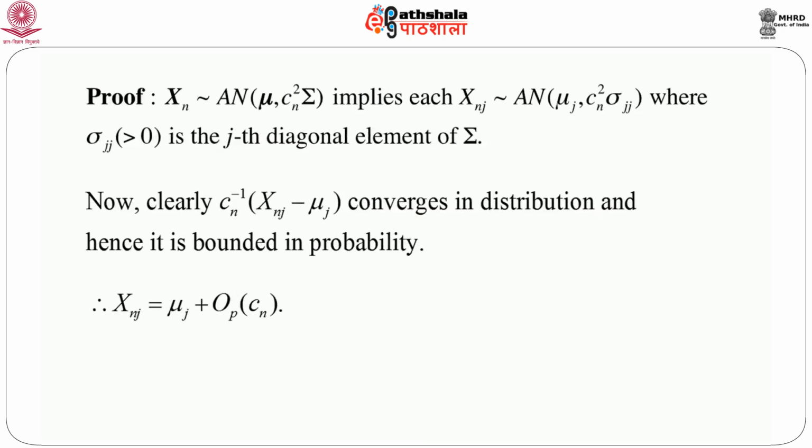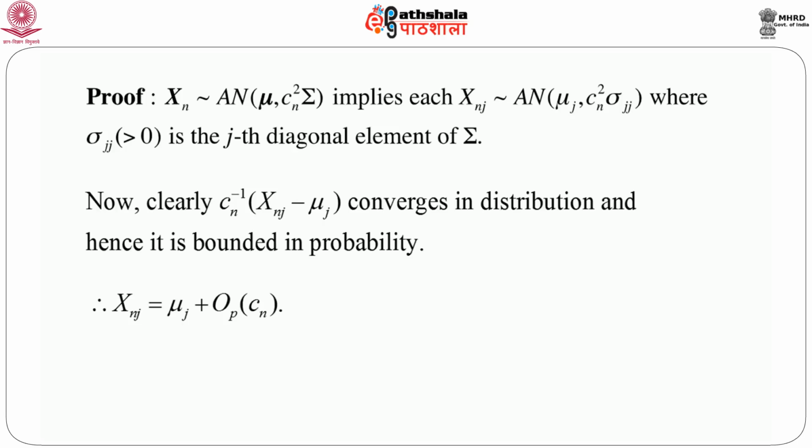The proof of this will follow, almost along the same line that we have already proved in case of the delta method for the univariate setup. The sequence of random vectors Xn follows asymptotic normal with mean vector mu and dispersion matrix Cn square sigma, which immediately implies that Xnj, that is the jth component of the X vector, follows asymptotic normal with mean mu j and variance Cn square sigma jj, where sigma jj, obviously strictly positive, is the jth diagonal element of capital sigma.